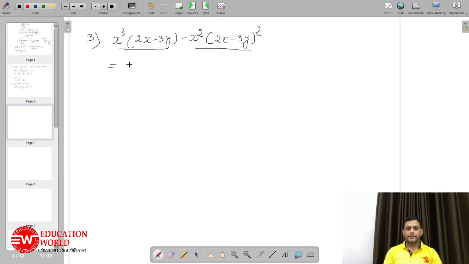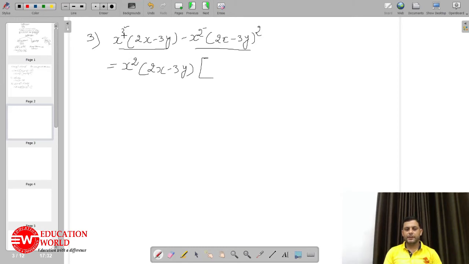So here x square is common. You can see here it is x3 and here it is x2. So I told you, minimum power. Here it is power 1, here it is power 2. So minimum power, it will be 2x minus 3y. Now what is inside?